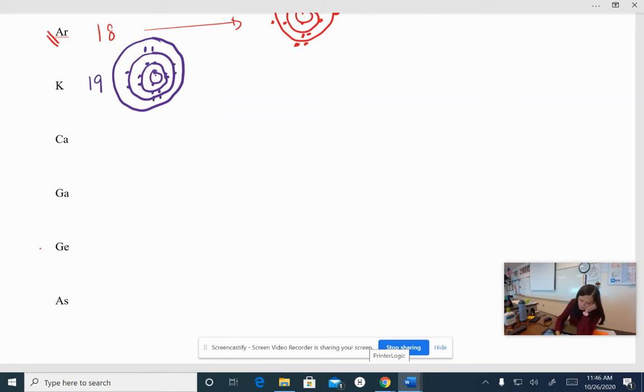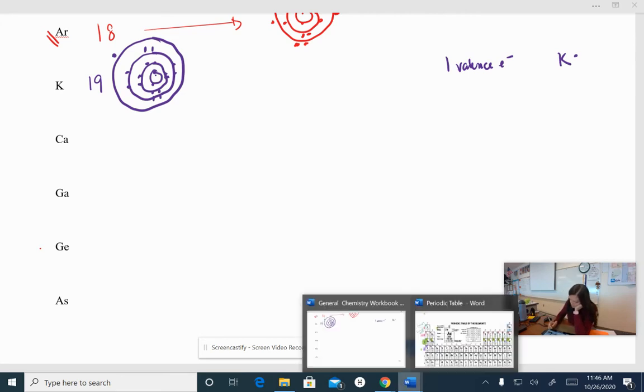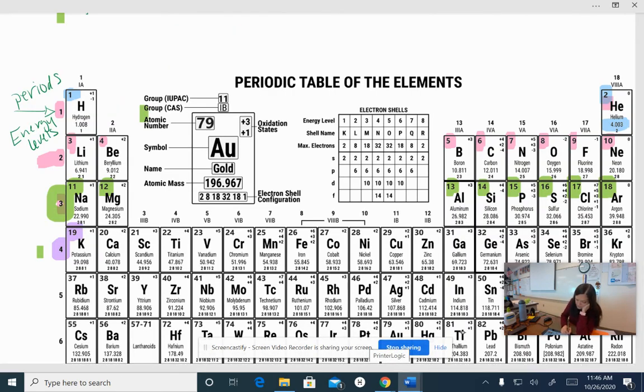And then the fourth, we will just have 1. In terms of our valence electrons, we will have 1 valence electron. So that means our dot picture for potassium will just have 1 dot.